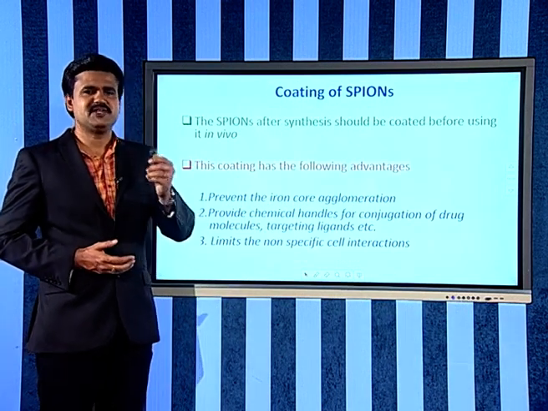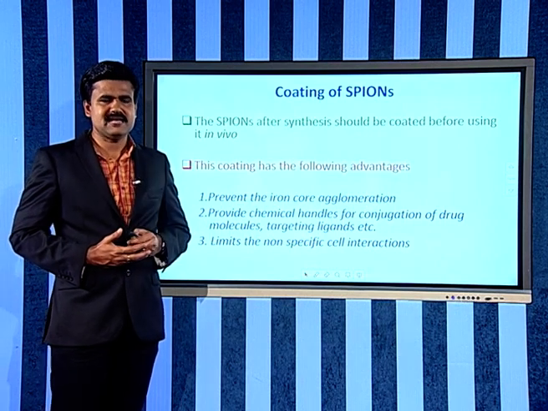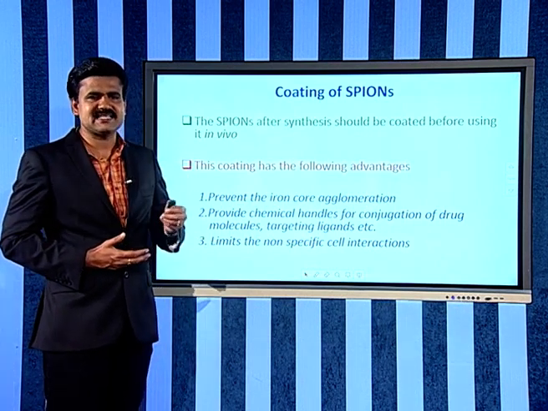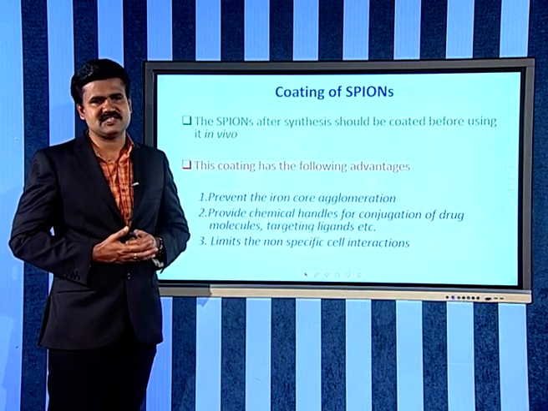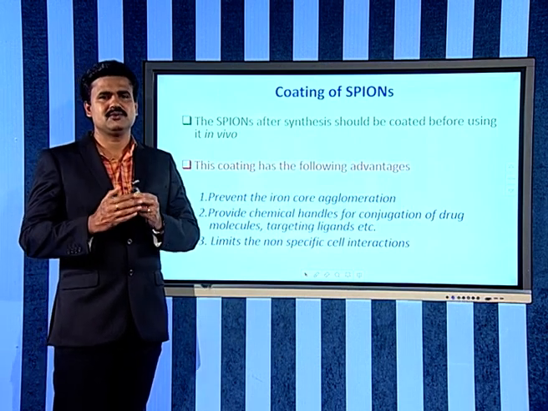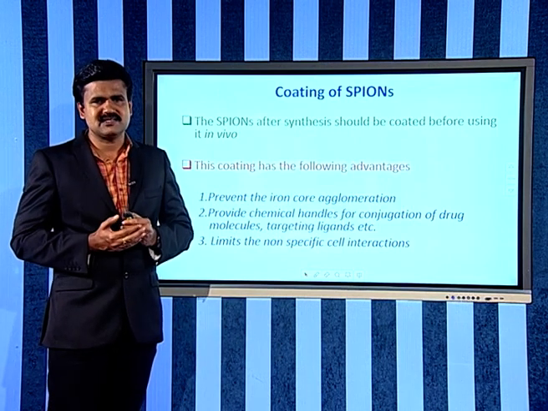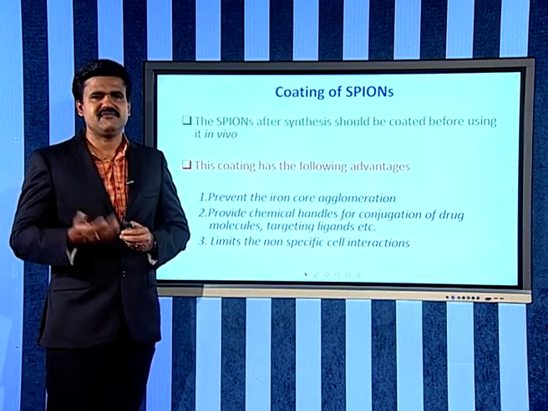Now, we have to discuss coating of SPIONs. In order to make superparamagnetic iron oxide nanoparticles suitable for biomedical applications and other chemical applications, we have to coat the SPIONs using suitable agents in vivo.